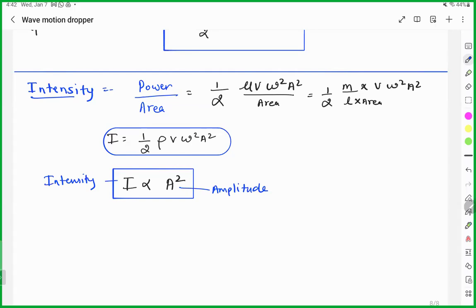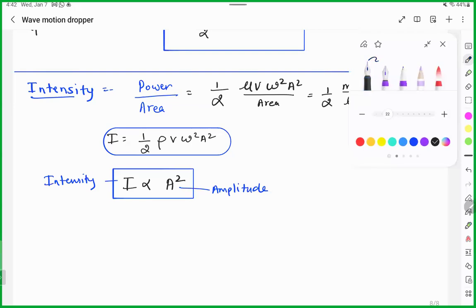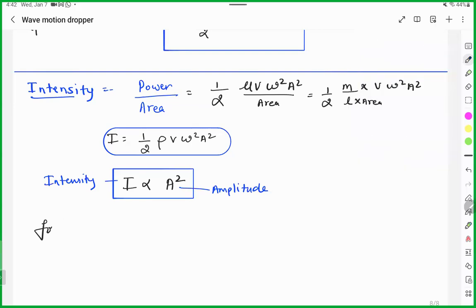Any doubt, guys? For a given medium, if medium is given in a particular medium, you will see omega and velocity are constant. If omega and velocity are constant, then intensity will directly depend upon the frequency and amplitude.